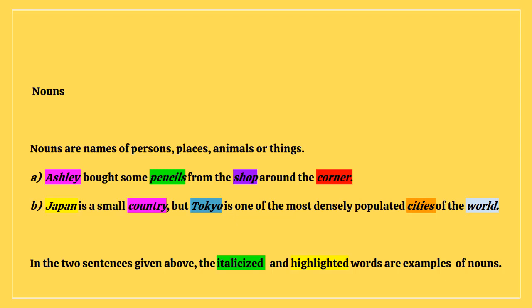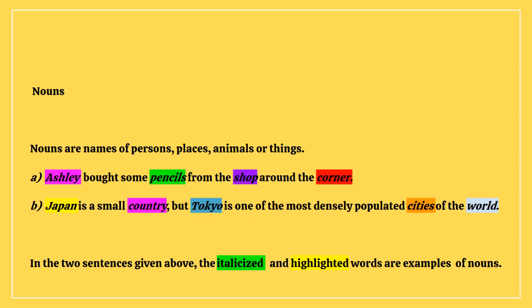Nouns. Nouns are names of persons, places, animals or things. In example A, Ashley bought some pencils from the shop around the corner. And in example B, Japan is a small country, but Tokyo is one of the most densely populated cities of the world.